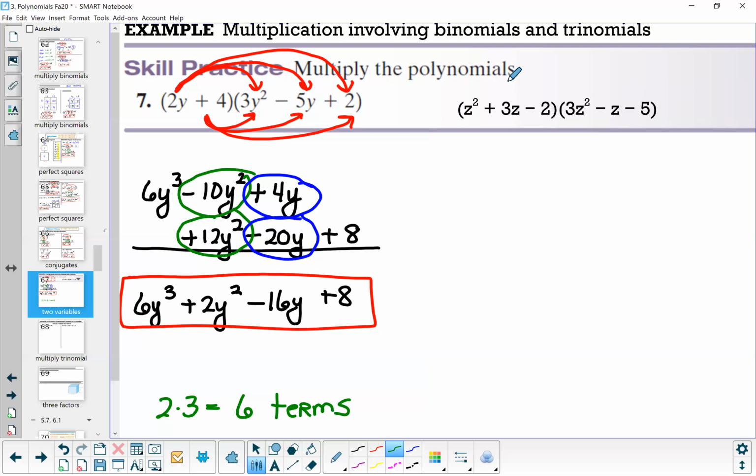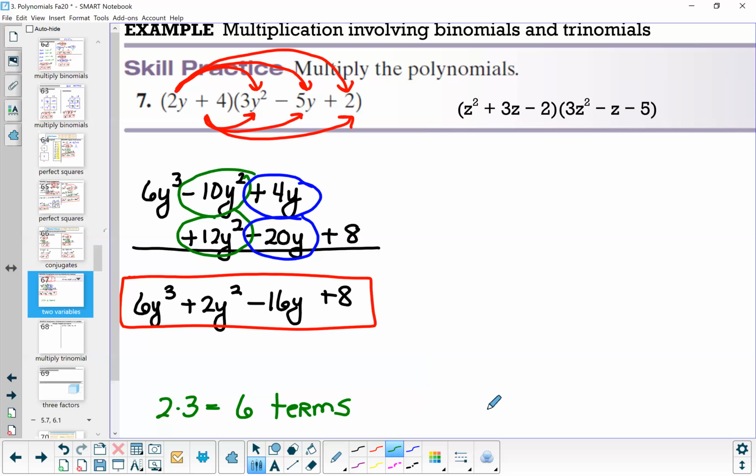Okay, so you want to make sure you distribute everything. You have 3 terms by 3 terms. So 3 terms times 3 terms will mean 9 terms, and then you simplify. So I would recommend, if you need it, use the box method or just distribute. So go ahead and pause the video and then we'll do it together.